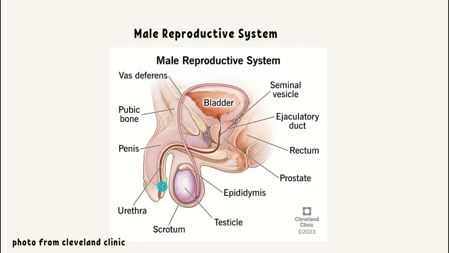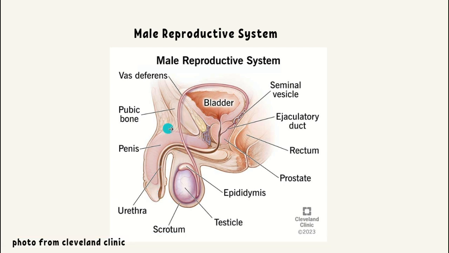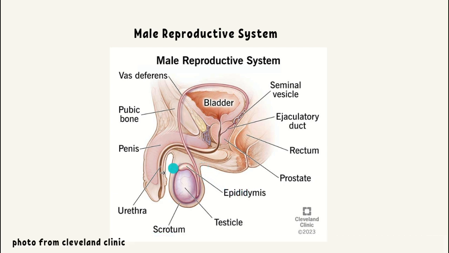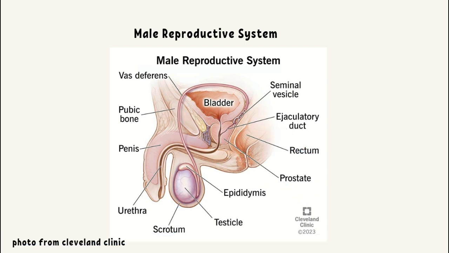And then the urethra here is what carries urine and semen out of the body. And then the epididymis, and let's talk about the prostate. It's a walnut-shaped gland that surrounds the urethra and adds fluid to the semen. That's really what it does.